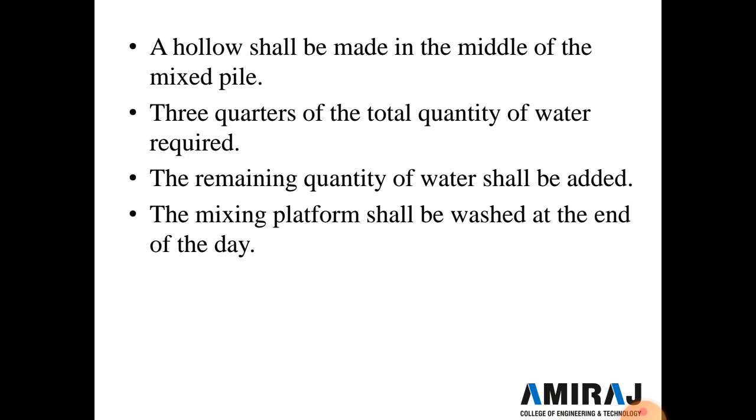The remaining quantity of water shall be added slowly, turning the whole mixture over and over again until uniform color and consistency is obtained throughout the pile. And we wash the mixing platform at the end of the day.